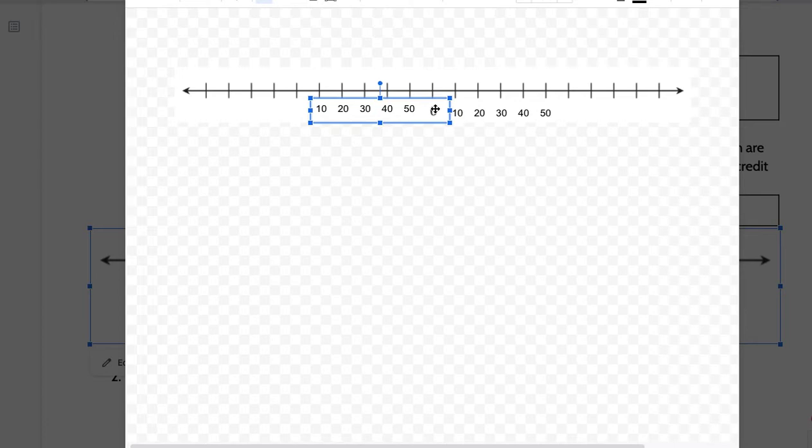Then I'm going to need to label these as well over here, but remember, they're going to have to be reversed. So I need to fix all these. 10 should be negative 10, negative 20, negative 30, negative 40, and negative 50.